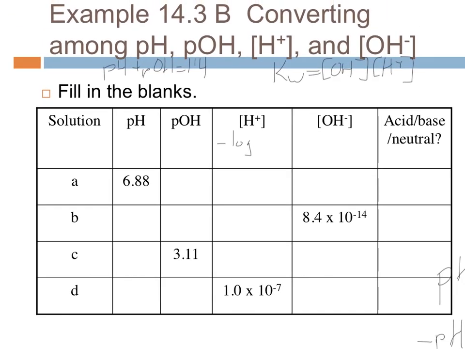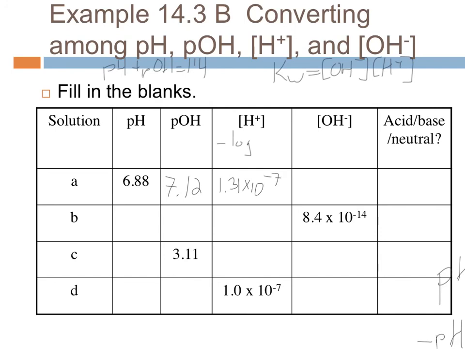Okay, so let's just look at this one. Here we've got a pH 6.88. That is going to very easily give me my pOH 7.12. Okay. Negative log of 6.88 is 1.31 times 10 to the negative 7th.